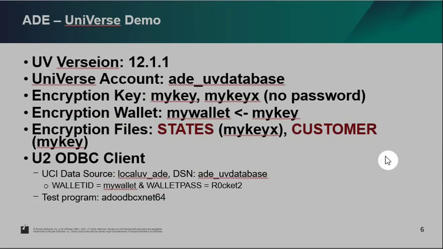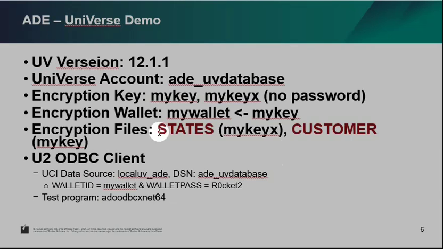For Universe, I'm using 12.1. I have created an account called ADE_UV database, and I have two keys. One is called mykey and another is called mykeyx. Basically, mykeyx has no password. I also put mykey into mywallet.